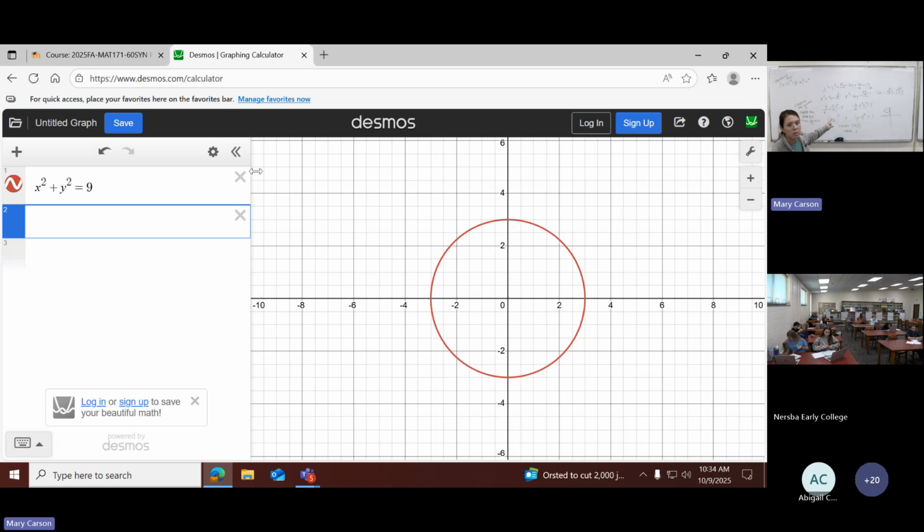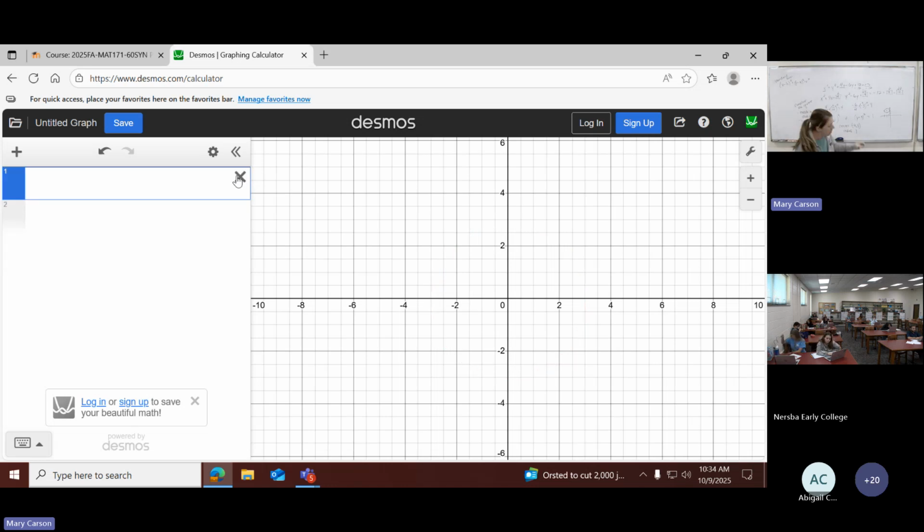typing in this one and see if it does anything. x squared plus y squared. What is it? Plus 4x minus 6y plus 12 equals 0.